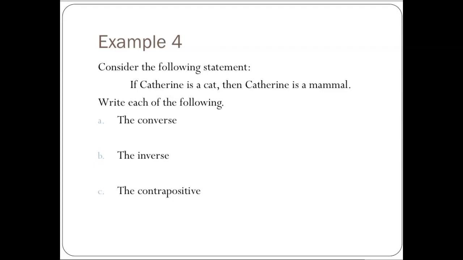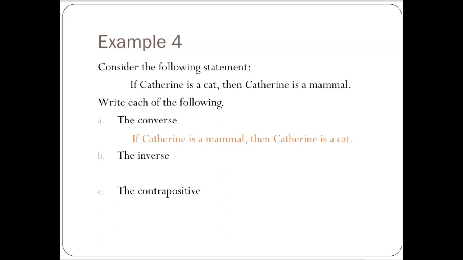Okay, so the converse, you're just flipping P and Q. The converse would be if Catherine is a mammal, then Catherine is a cat. Now you can probably already start to think about whether or not it's true or false, but really just now we're just writing out what the statement would be, practicing how we would write it. Okay, the inverse.